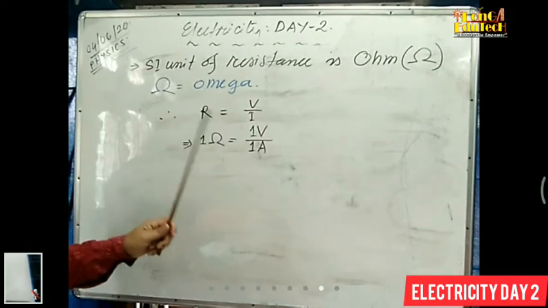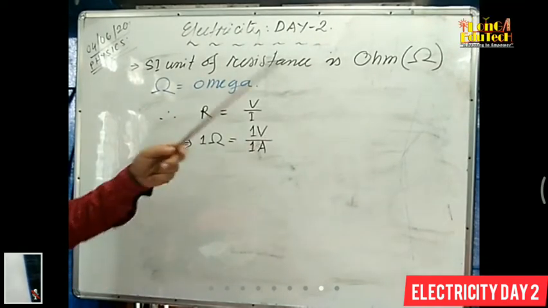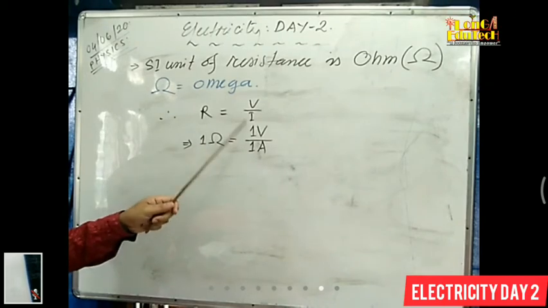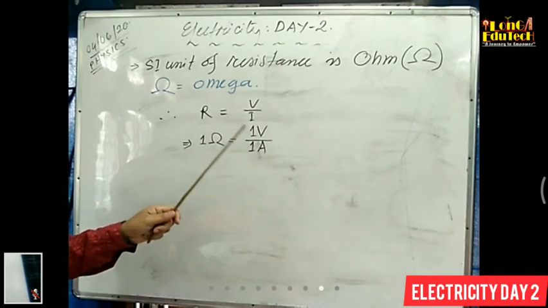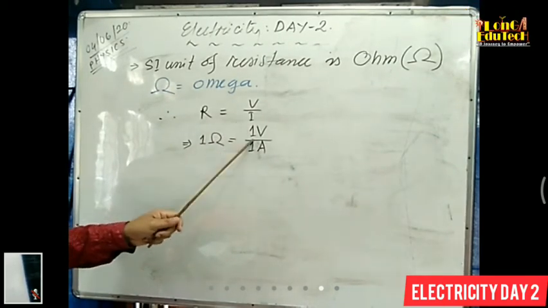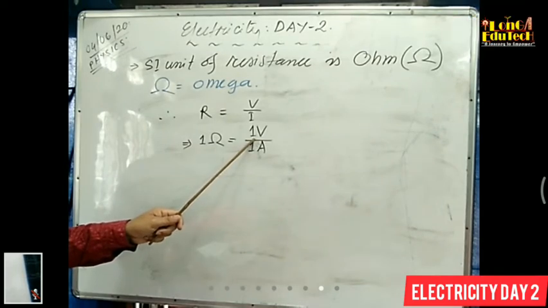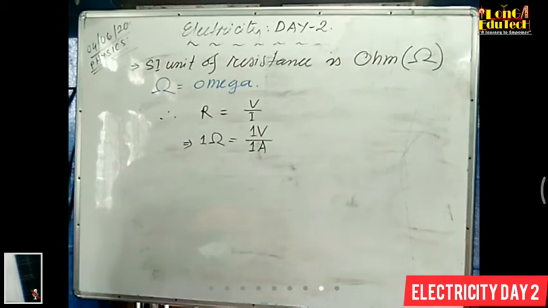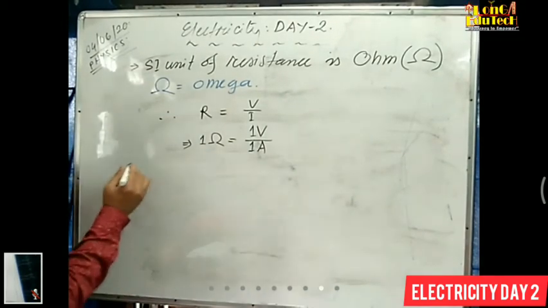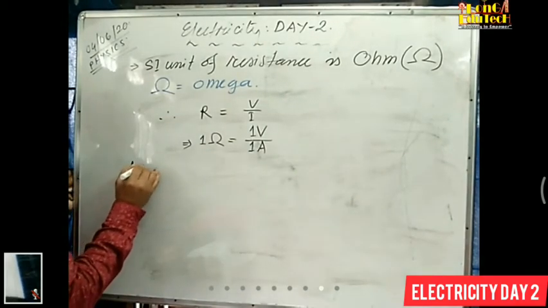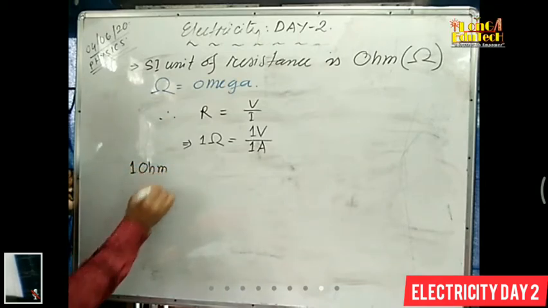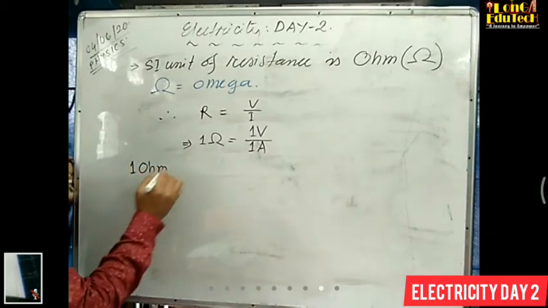When 1 ampere of current flows in a conductor, 1 volt of potential difference develops. So what is that called? That is called 1 ohm. So let us write down 1 ohm.